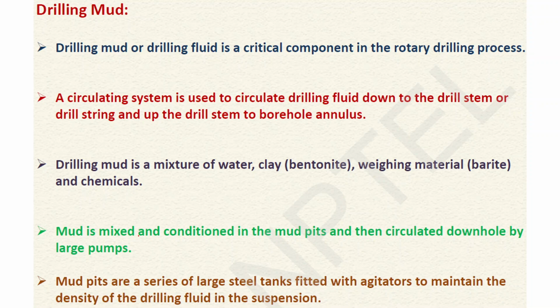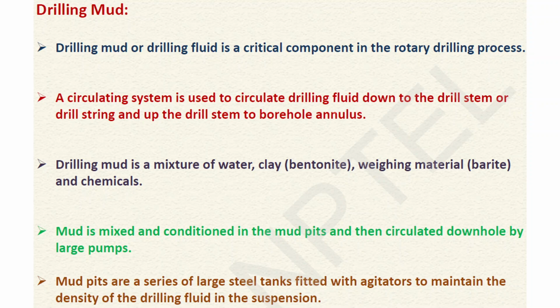There is another very crucial component, which is the drilling mud. Drilling mud, or drilling fluid, is a crucial component in the rotary drilling process. A circulating system is used to circulate drilling fluid down the drill stem, using a pump, and back up the borehole through the annulus.